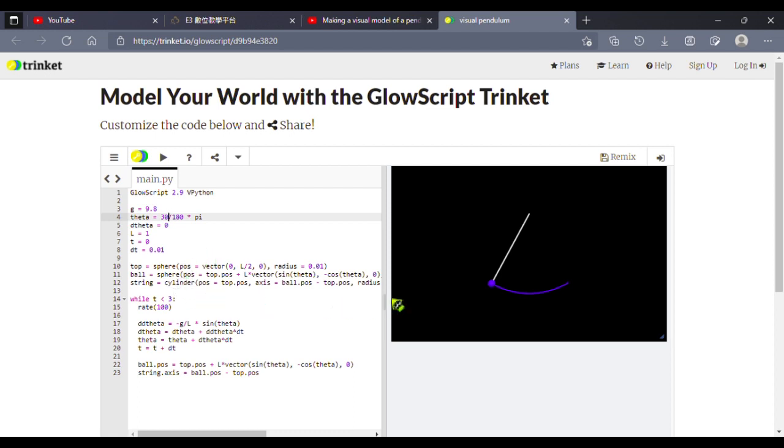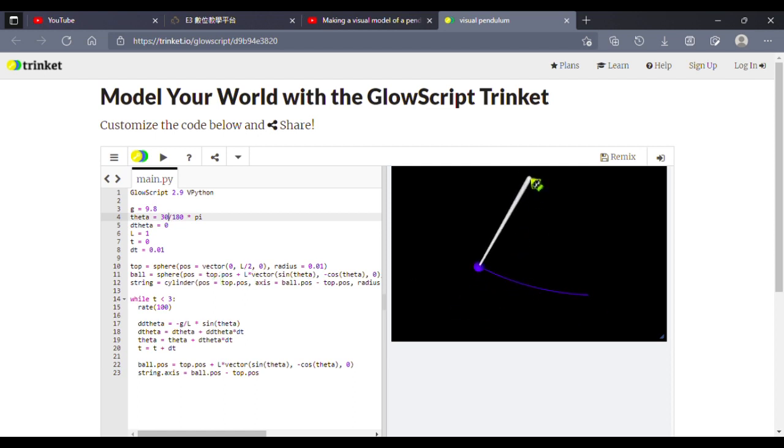And the second section is these objects: the point on the top, the string, and the ball. The top means the top of the string, and we use a sphere to display it.